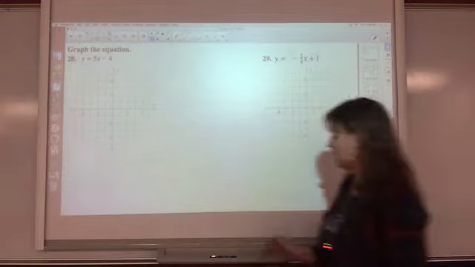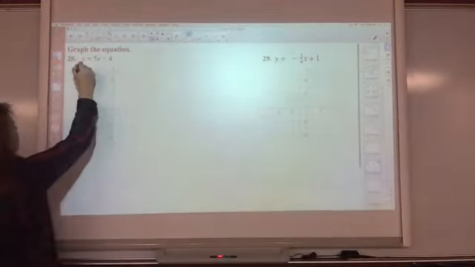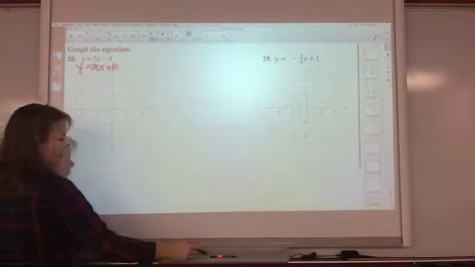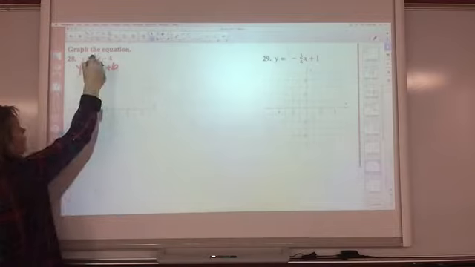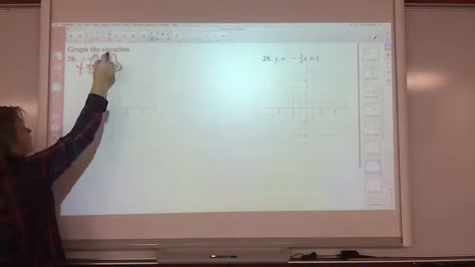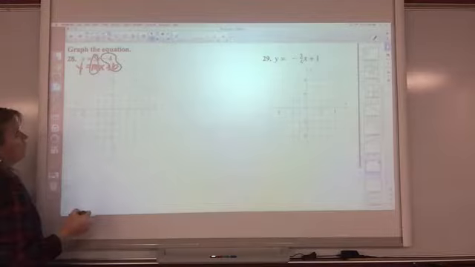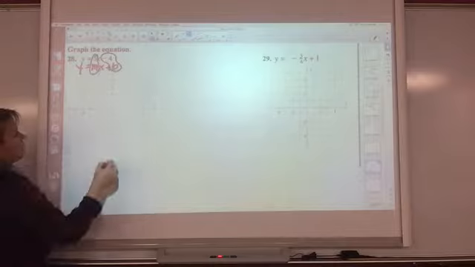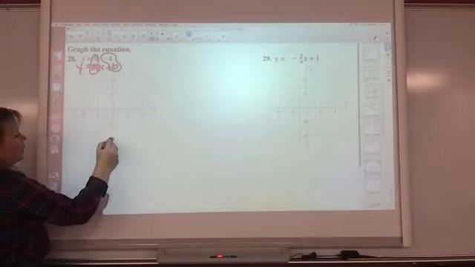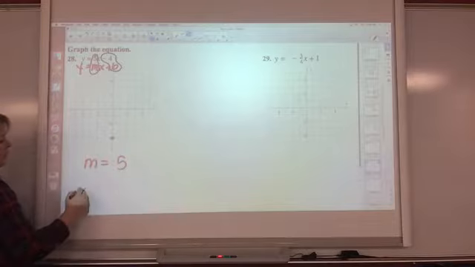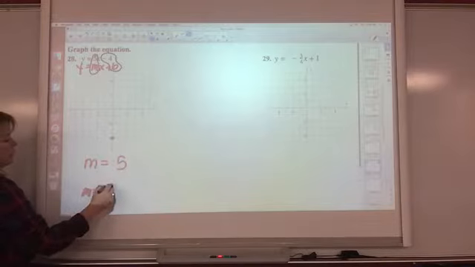Reminder that this is y equals mx plus b. The m, in this case, is 5. And b, the base, is -4. Base is y-intercept. Y-axis is right here. -4 is down 4. For our slope, it says our slope is 5, but we want rise over run.